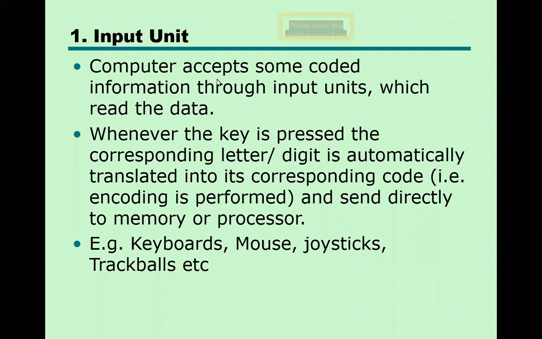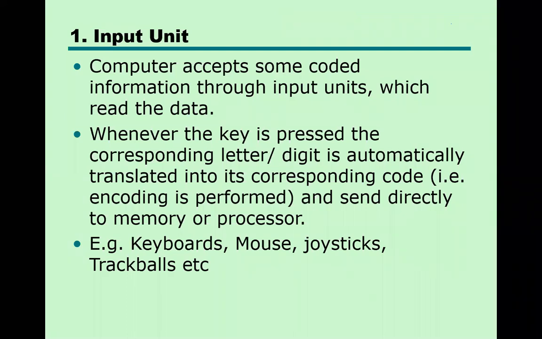Input units, we know what the different types are, like keyboard, mouse, joystick, trackball. Whenever you press any button on the keyboard or the mouse, you are providing input data to the computer. So the computer accepts some coded information through the input unit, which reads the data.